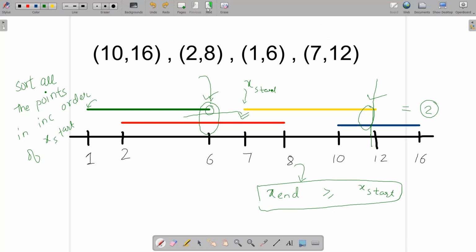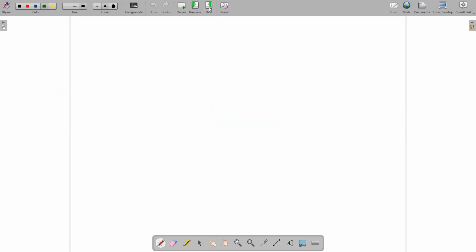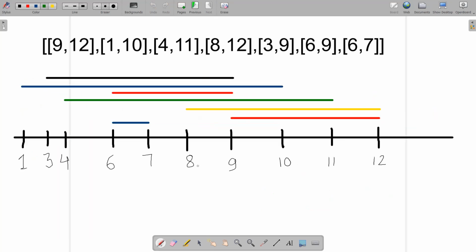So let me move on to the next example, which will be a much more interesting one. Suppose I sort all the points, or the balloons, in increasing order of x start.